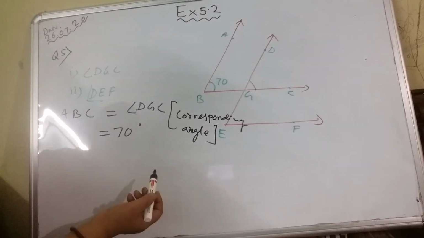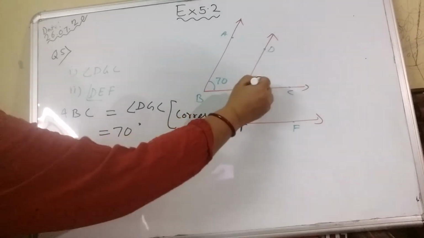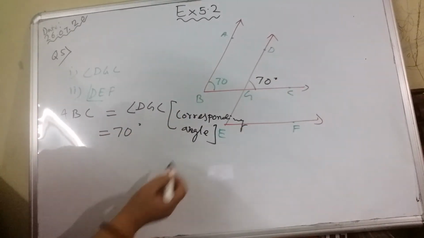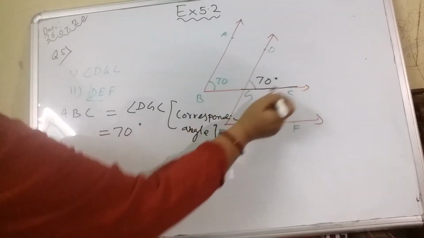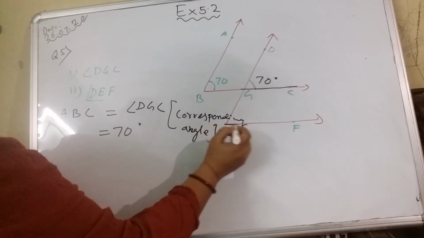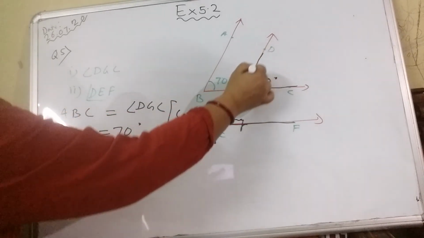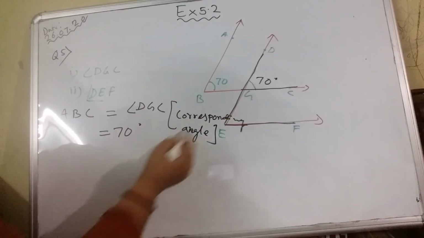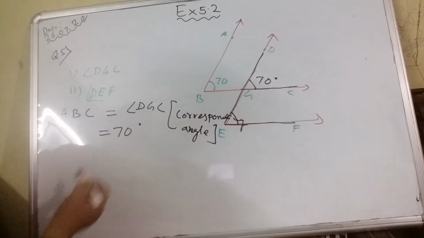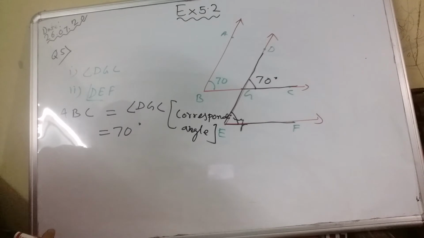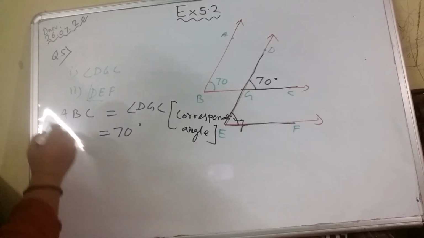If you consider this is 70 degrees, and this line and this line are parallel, and this is a transversal, then this angle and this angle will be equal because they are corresponding angles.